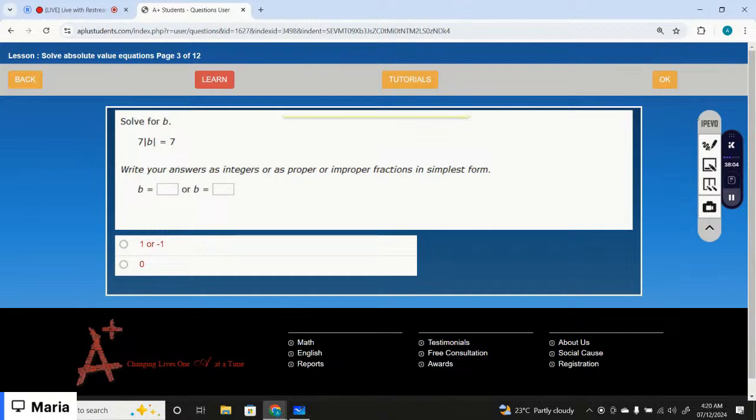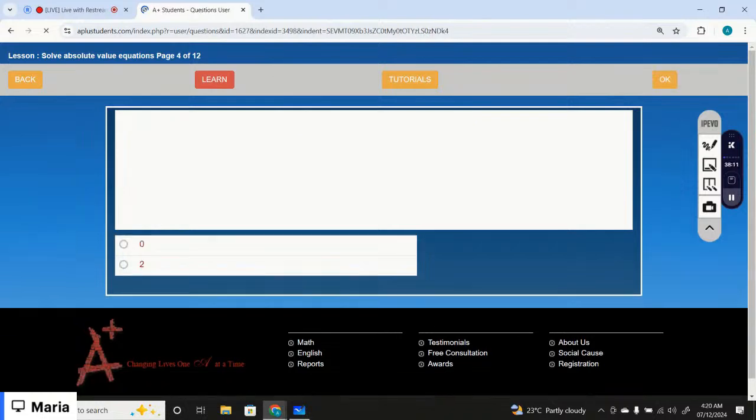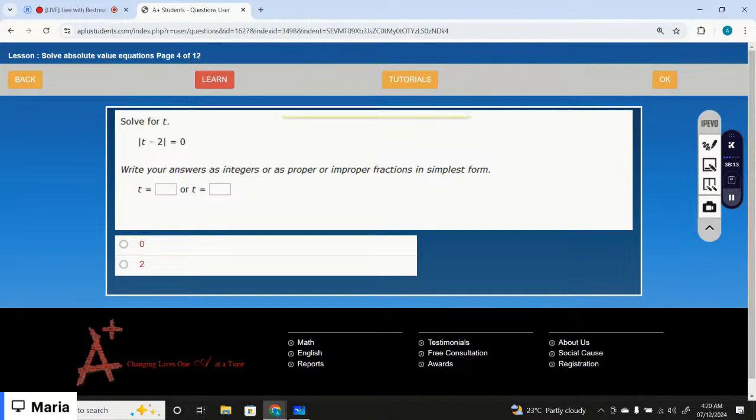Mm, 1 and -1. Option number 1 is the correct option. Okay, the next one is solve for t. So, which is the correct option?